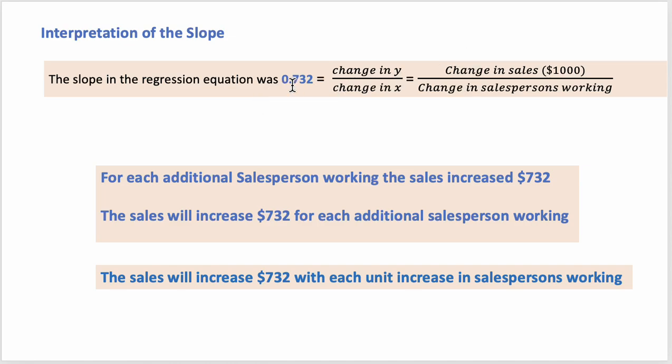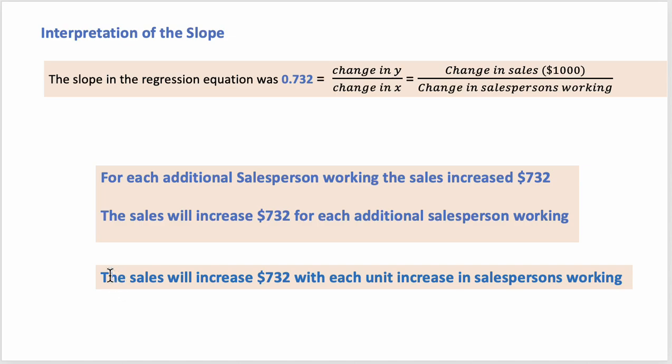When the sales go up $732, for each additional increase of $732, that would correspond to an additional salesperson working. Or I looked at your homework and they do it this way.